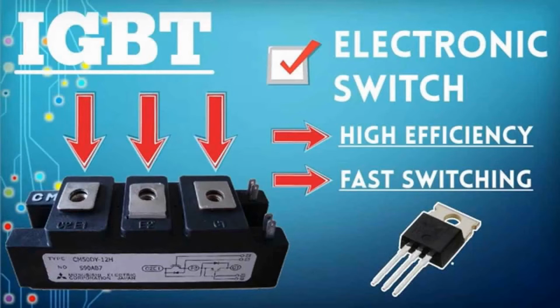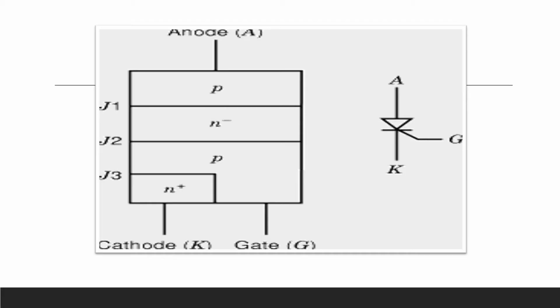Now, what is the insulated gate bipolar transistor? It is an electronic switch which has very high efficiency as well as fast switching. You know that we have discussed the semiconductor control rectifier, and we have found that there is difficulty in efficiently turning off the device using the gate.